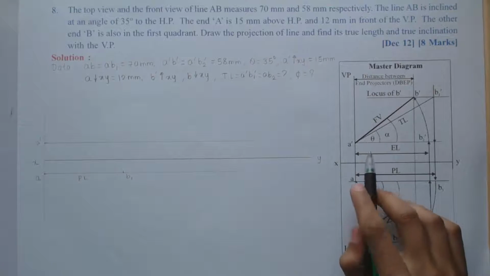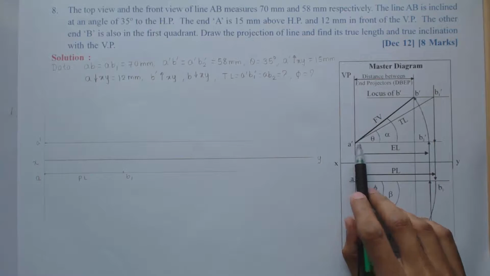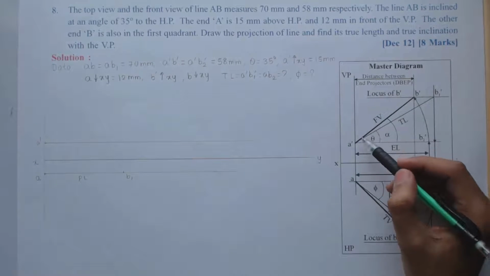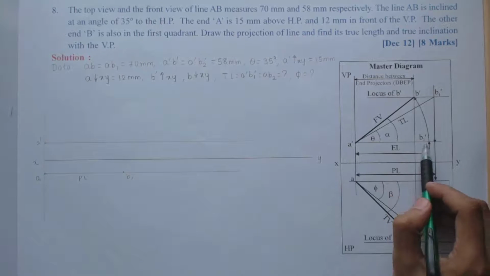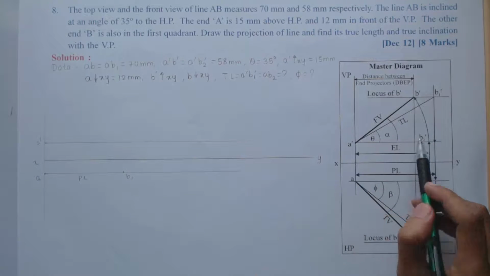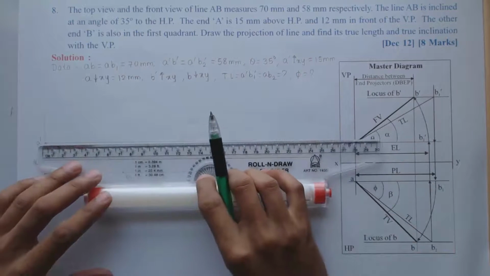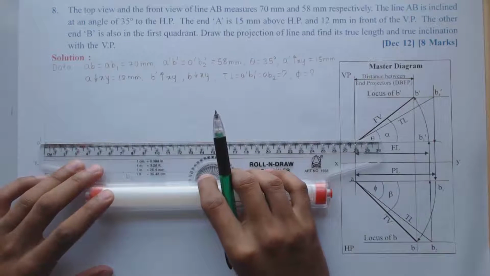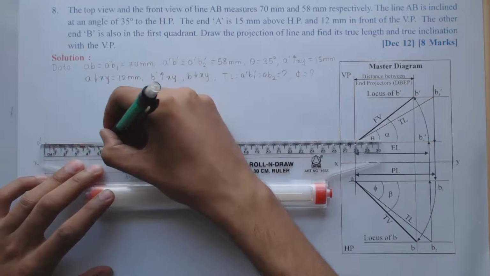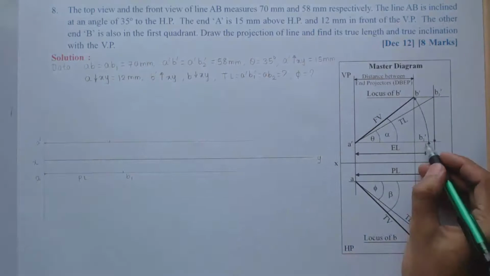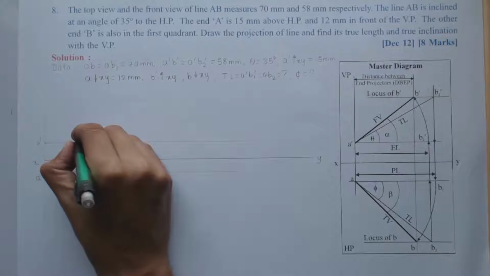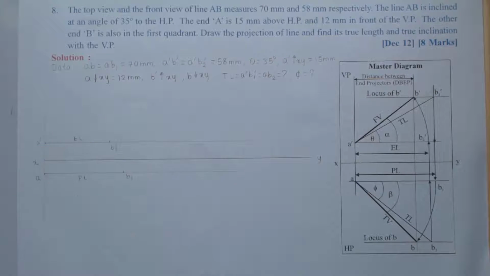Okay. Similarly, the front view length is given as 58 mm. So I can mark A dash B2 dash on the horizontal line passing through A dash to get the endpoint B2 dash, and the length is 58 mm. So I need to mark 58 mm. That will give me the point B2 dash, and this is giving me elevation length EL.